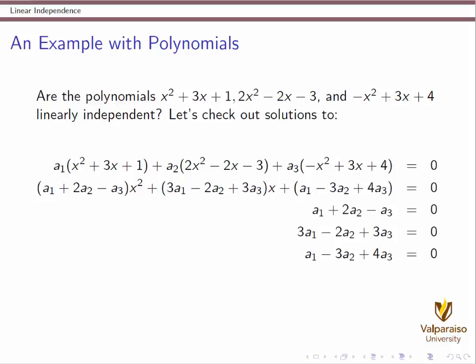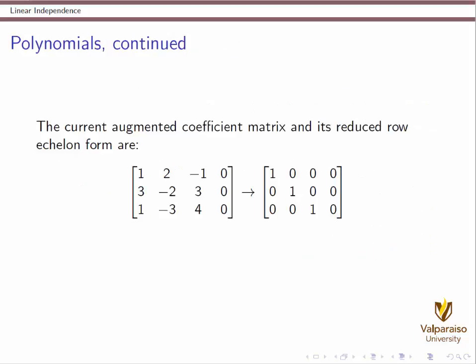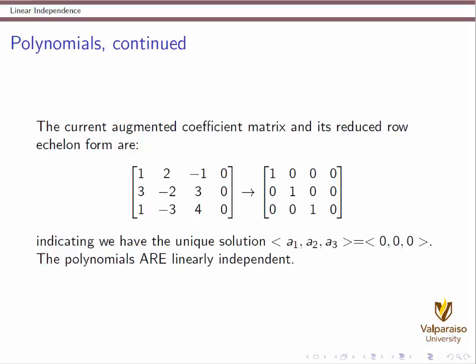So again, a system of 3 equations in 3 unknowns. The augmented coefficient matrix for this system and its reduction is right here. And again, a1 equals 0, a2 equals 0, a3 equals 0. We do have the trivial solution to our system of equations. The polynomials are linearly independent.